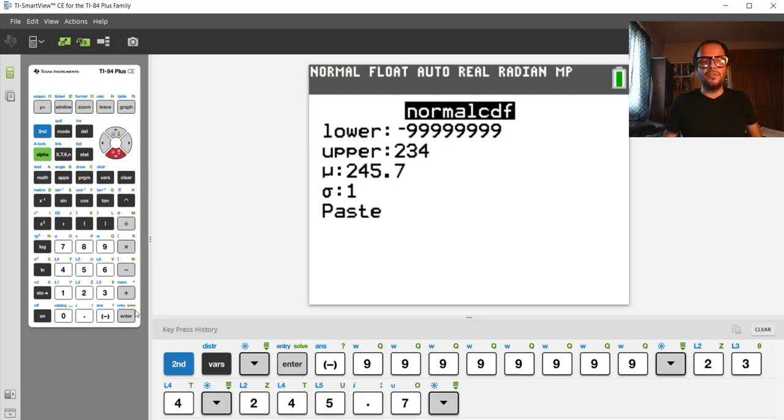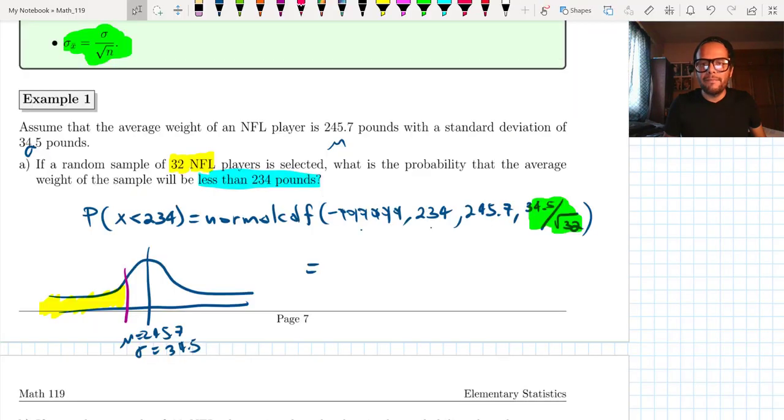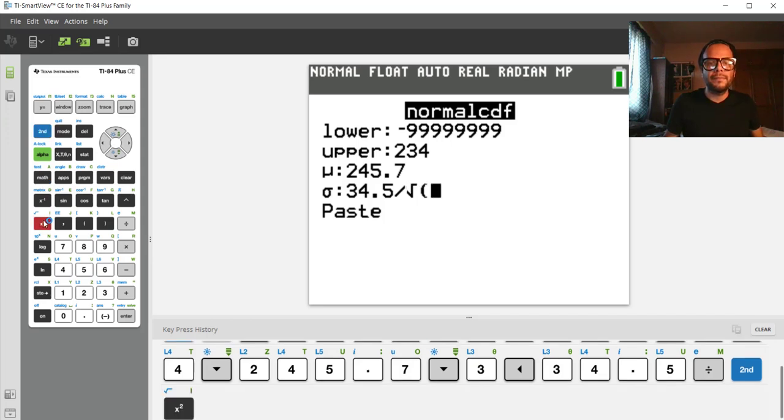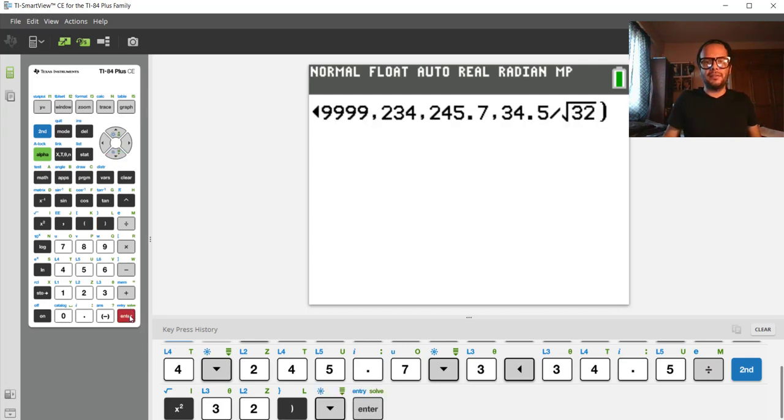and the standard deviation, which is 32, wait a minute, not 32, that's, oh, come on, 34.5 over square root of 32. 34.5 divided by the square root of 32, and close parentheses here, and go one down with the arrow and paste.